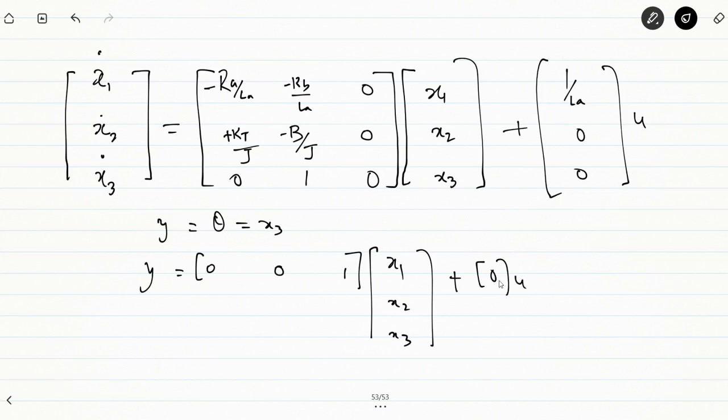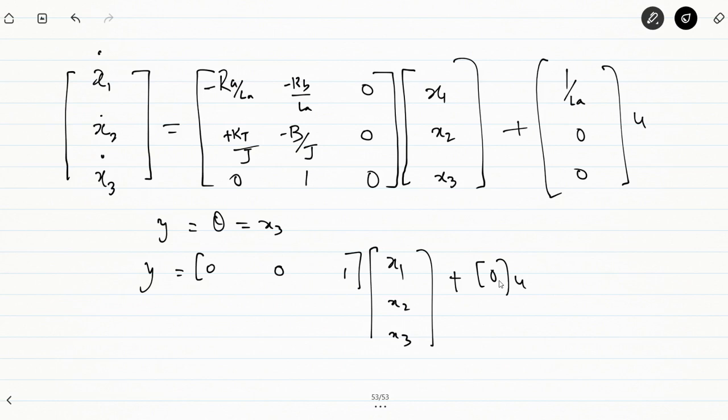So we have obtained two state space models of the same system, the separately excited DC motor. Why did we have two state variables in one case and three in the other? Because in one case we were only concerned with the speed control of the DC motor.